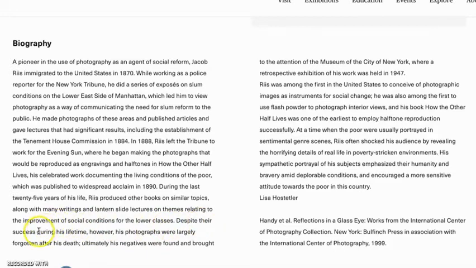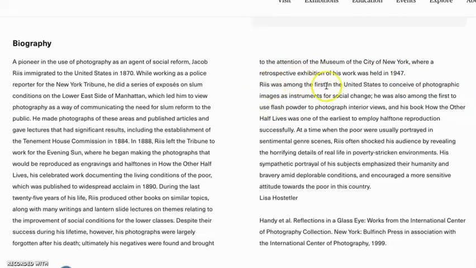Despite their successes during his lifetime, however, these photographs were largely forgotten after his death. Ultimately, his negatives were found and brought to the attention of the Museum of the City of New York, where a retrospective exposition of his work was held in 1947.